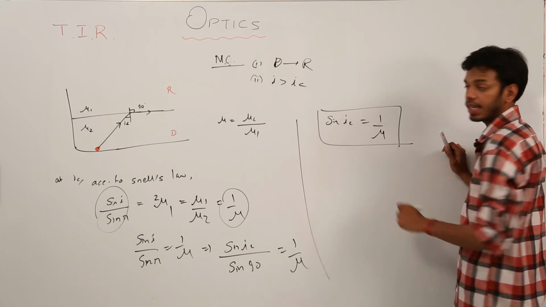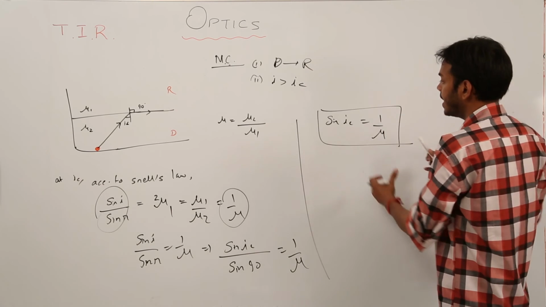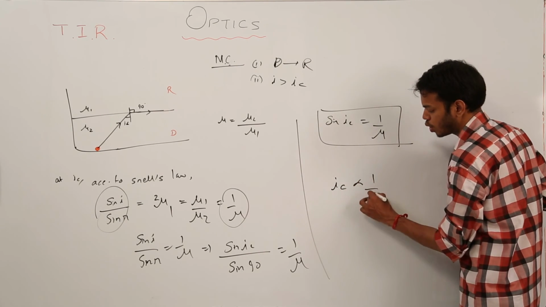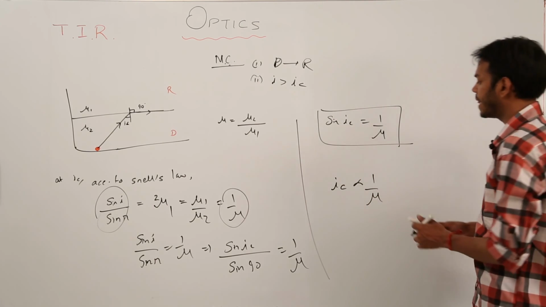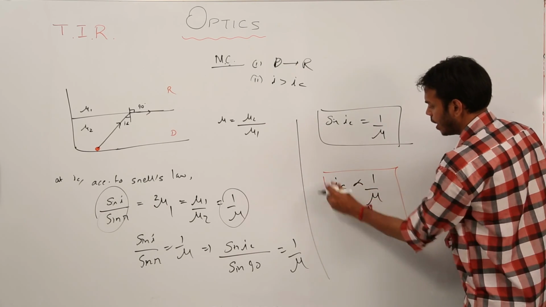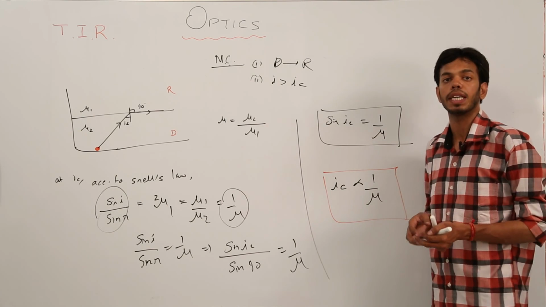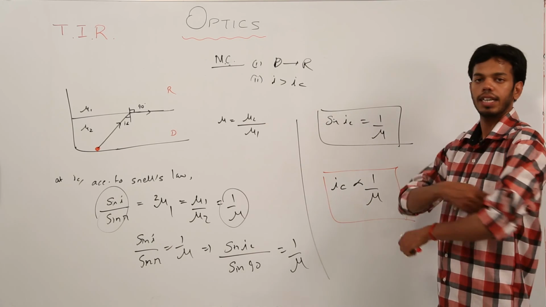This is a relation which explains the fact that the critical angle is inversely proportional to the refractive index. And this is that important property on which we are going to study a lot of practical applications which are used in total internal reflection.